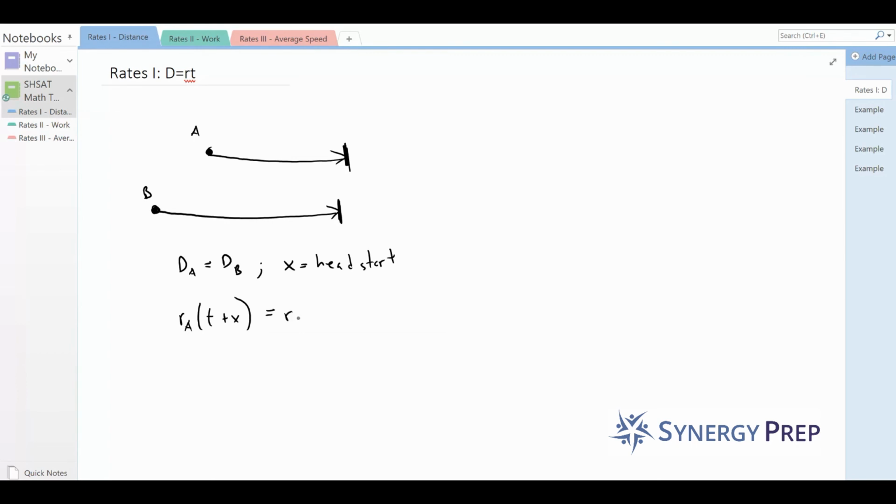And object B is just rate B times time. And that's it. That's our final equation. I'm not going to go over how to derive it because you don't really need to know that. All you need to do is identify the question, identify what you can plug in, and solve for the final variable. So let's look at a quick example.